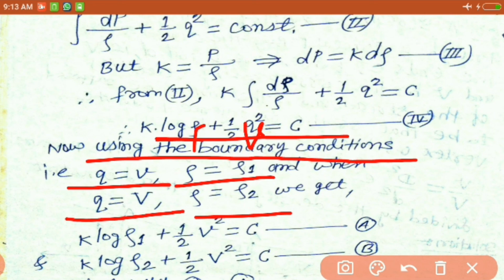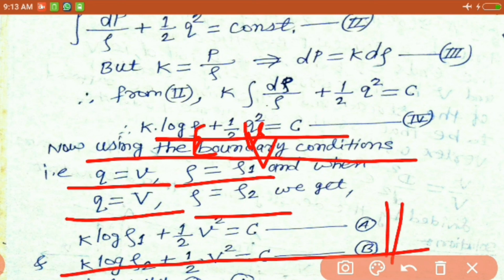Similarly, k log rho 2 plus 1 by 2 capital V square is equal to c. We get these two equations, A and B.